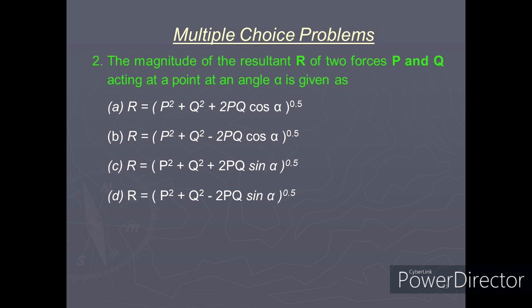I said B. Oh, you said B also. What about you? Oh, still processing? B. This is the simple cosine formula, isn't it? Yes. Which is B.